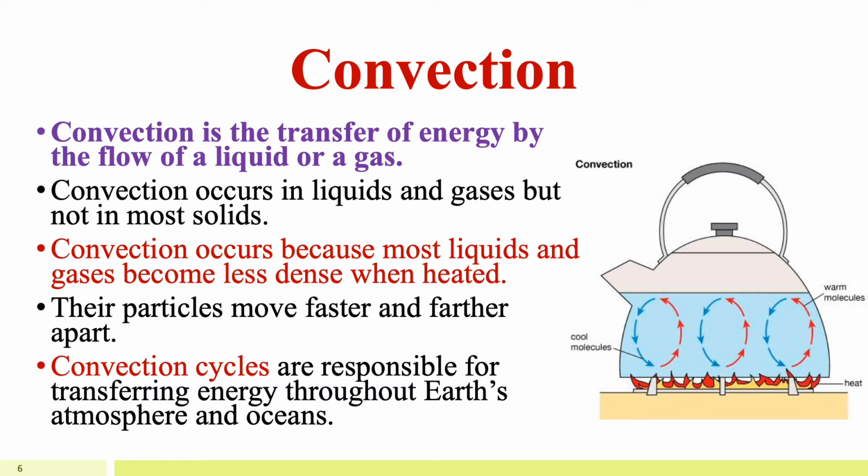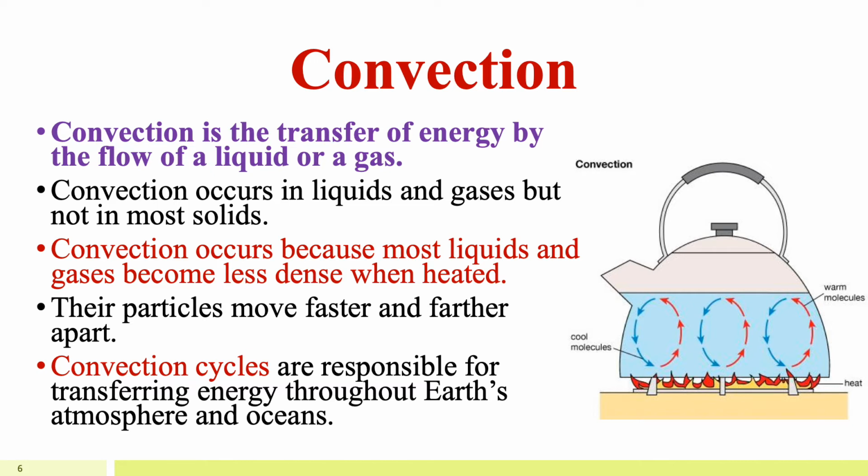Convection cycles are responsible for transferring energy throughout the Earth's atmosphere and oceans. Look at the picture here. These are convection currents. Heat is transferred by conduction to the liquid at the bottom. Now the liquid at the bottom becomes very hot.